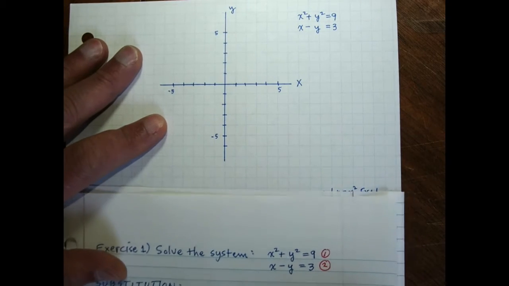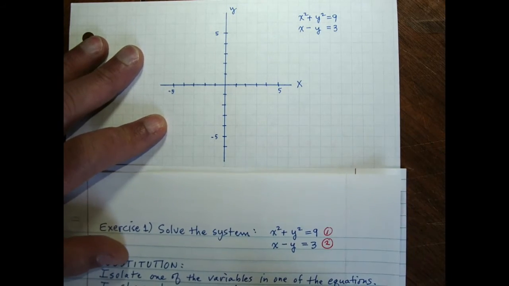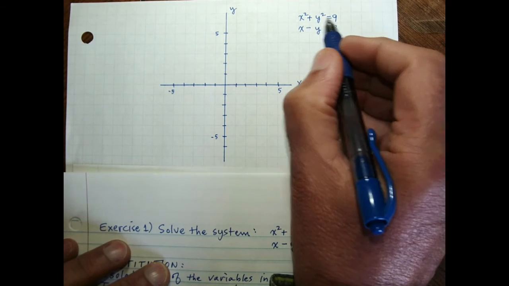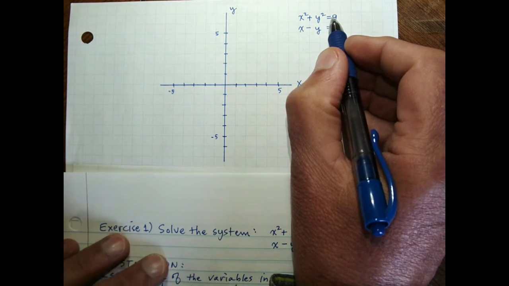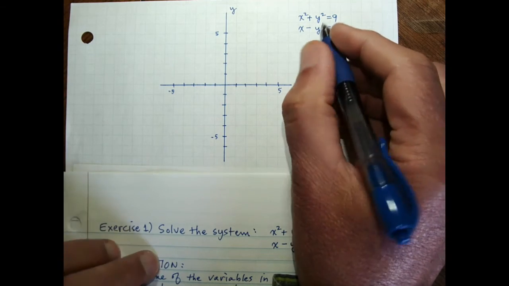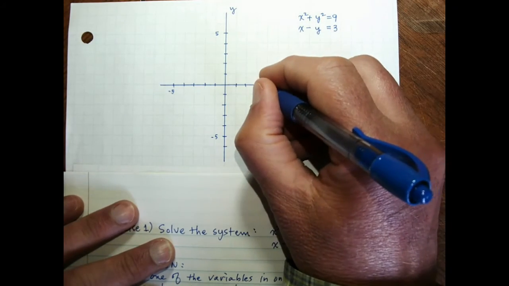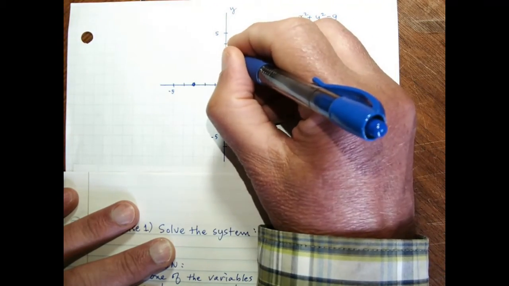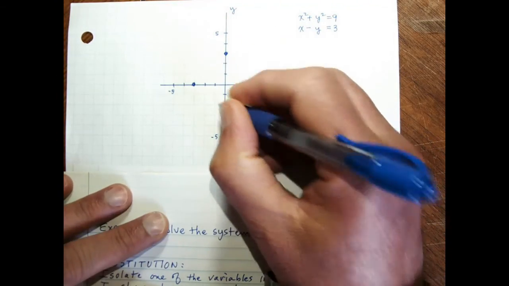They're fairly easy to graph, so we're going to be able to do this pretty quickly, because x² + y² = 9, we've already observed, is a circle. And I know the intercepts of that circle are going to be at (3, 0), (-3, 0), (0, 3), (0, -3).